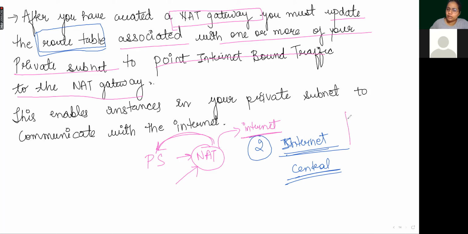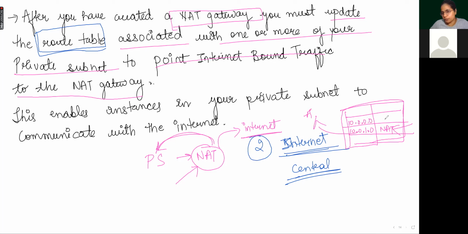What a NAT gateway usually does, when any network is made, they will go and check the routing table. They will check, okay, 10.0.1.0 is connected with the NAT gateway, so this requires an internet connection. They will check 10.0.0.0 is connected with the internet gateway, okay, this requires direct internet connection using the internet gateway. 10.0.0.0 is a local network, means this is a VPC, right?